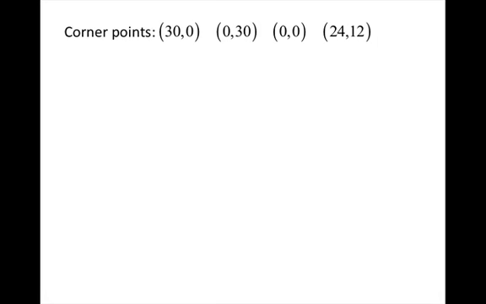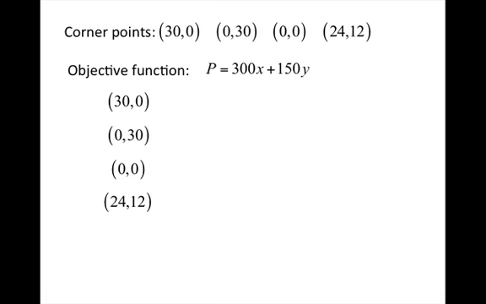Now I take all 4 corner points and plug them into my objective function, which is p equals 300x plus 150y. So if I plug in 30, 0, I get 300 times 30 plus 150 times 0. And 300 times 30 is 9,000.